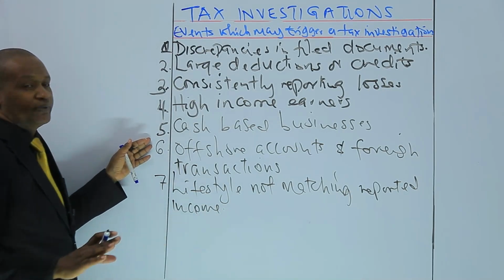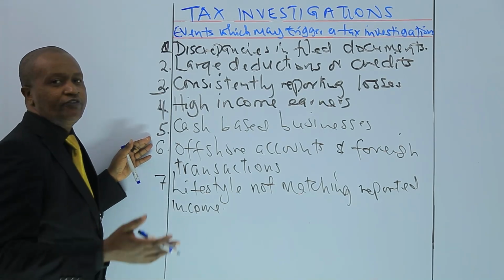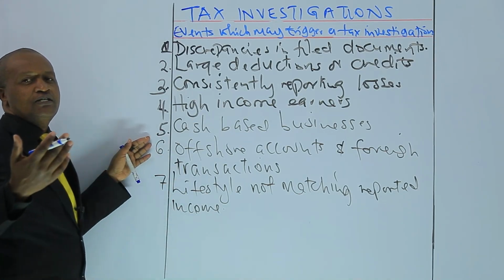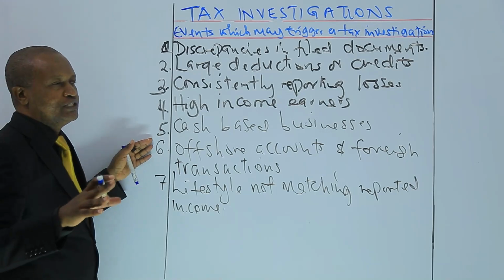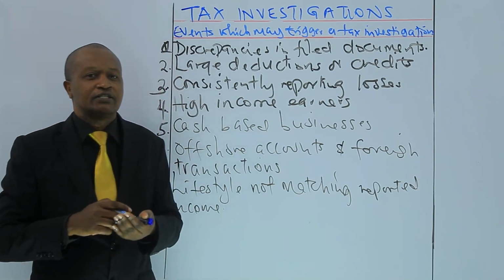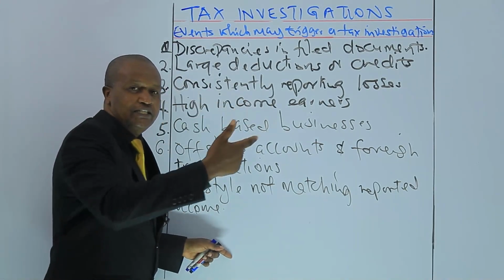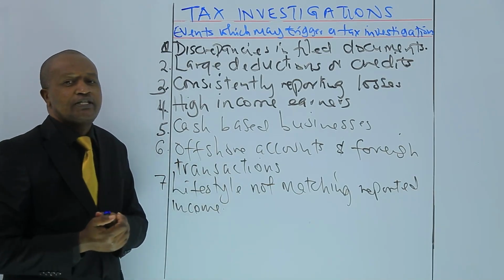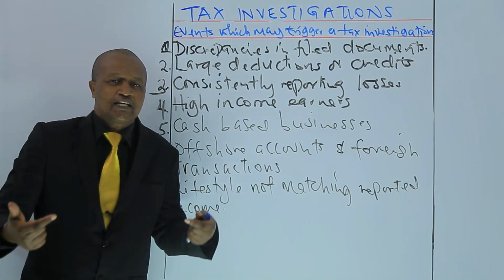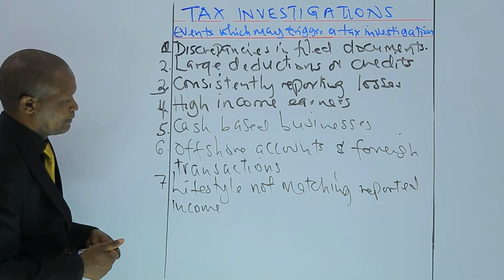If a taxpayer's lifestyle, as observed through maybe social media or other means, appears to exceed the income they report, then it could raise flags with the tax authorities.